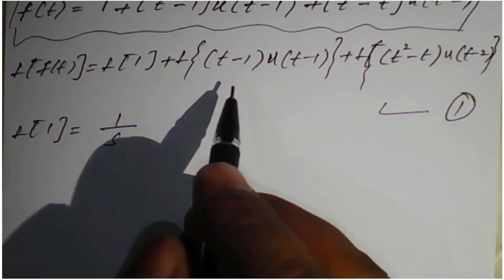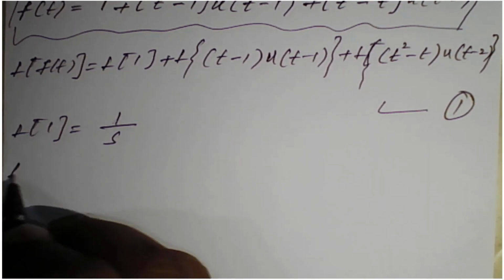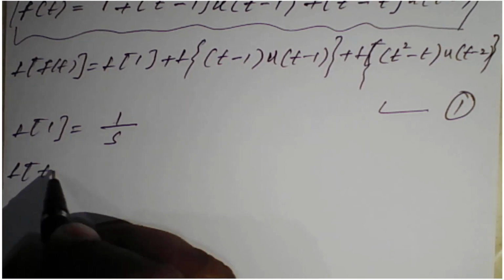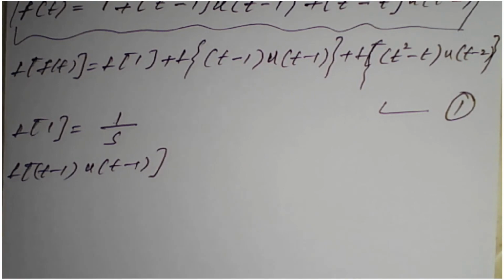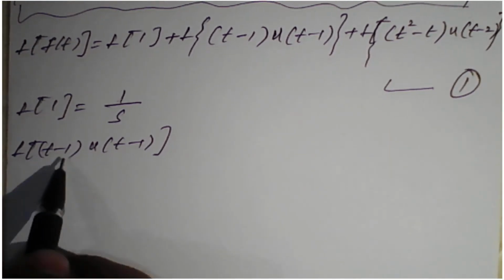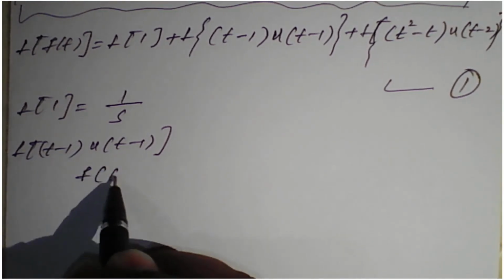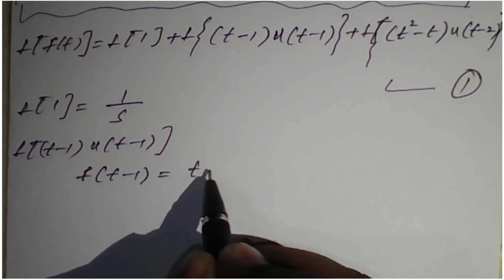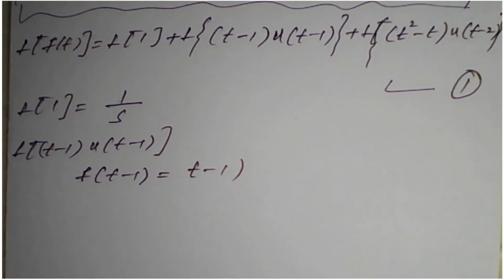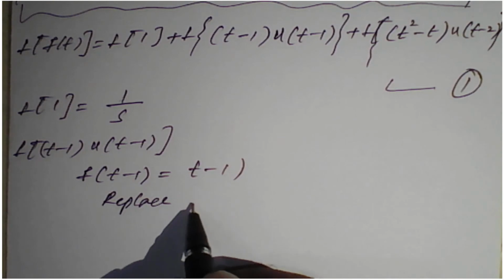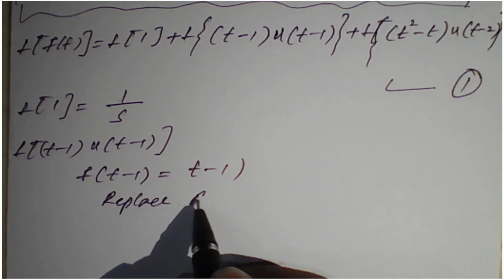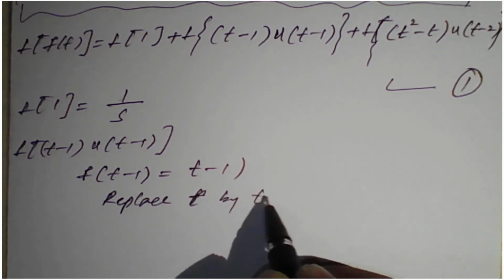Second term. So second term will be Laplace transform of t minus 1 into u of t minus 1. So here this is the function of f of t minus 1 is equal to t minus 1, where we need to simplify this. So replace, you can go directly also now. So replace t by t plus 1.